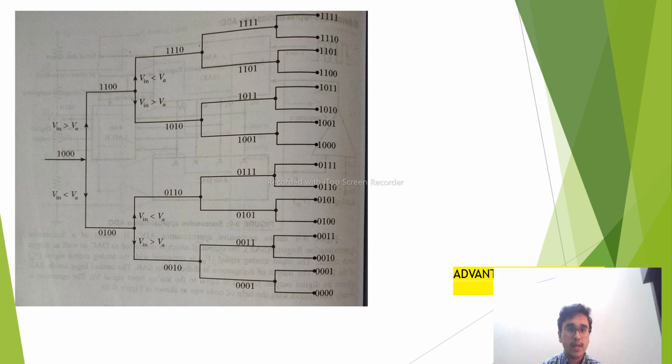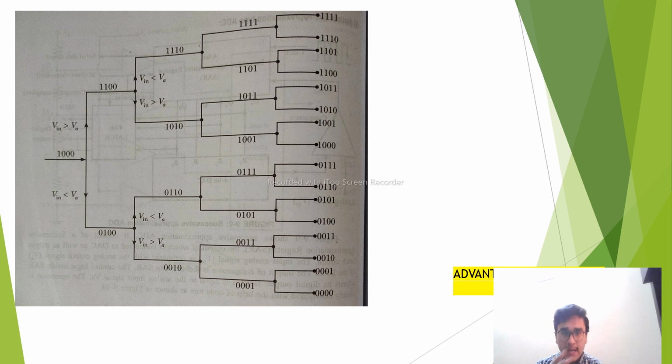Let us go further. When we take 1100 at the top, if Vin is greater than VA, then we have 1110. But in the case where the input voltage is less than the output voltage of the DAC, then we have 1010.